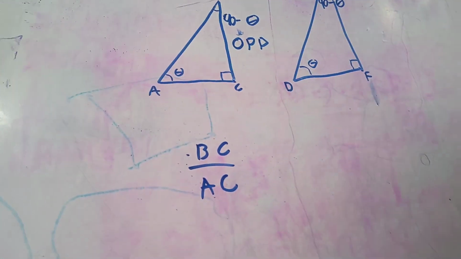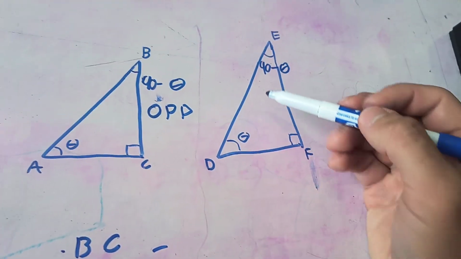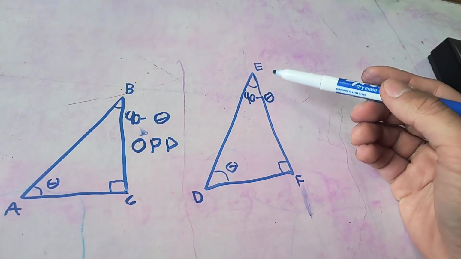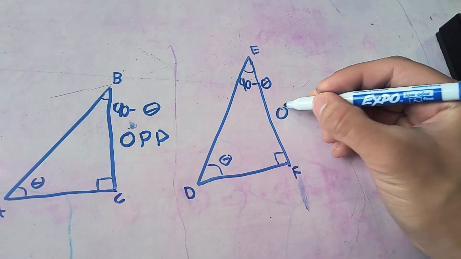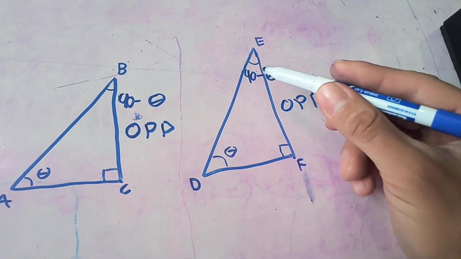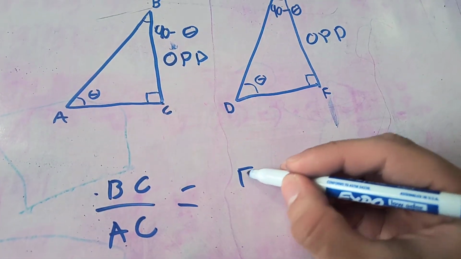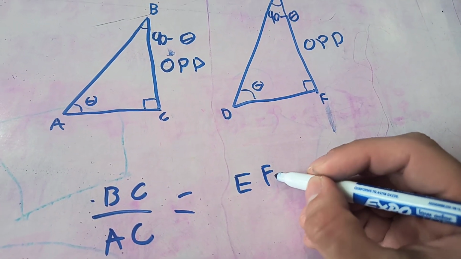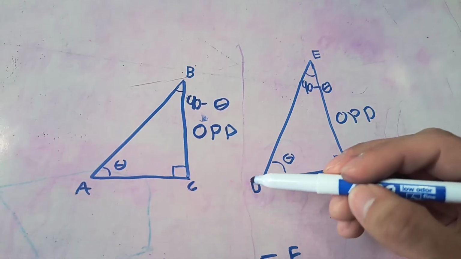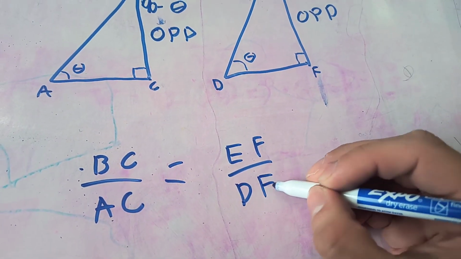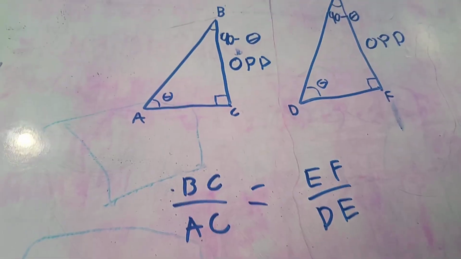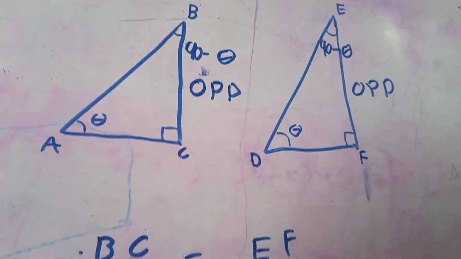That's going to be equal to the ratio between EF, the opposite side to this theta, over this hypotenuse, DE. They're equal because they have all the angles in common.